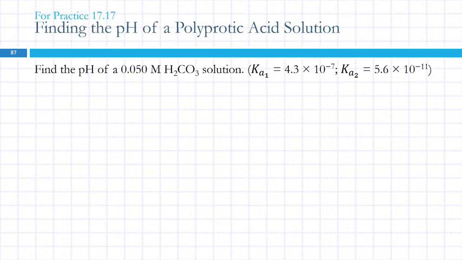Okay, let's find the pH of a 0.050 molar carbonic acid solution. We're given Ka1 and Ka2. So the first thing we do is write an equation for the acid ionizing. Okay, so then we make an ice table, right?